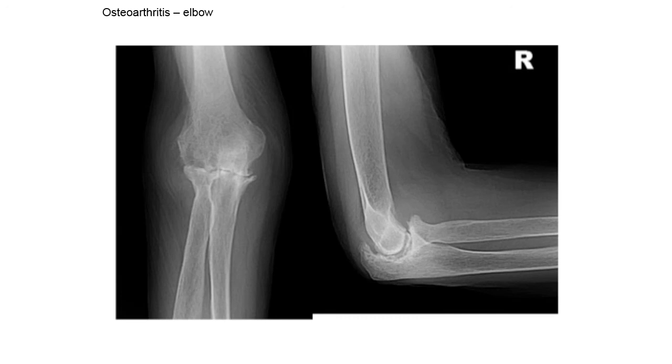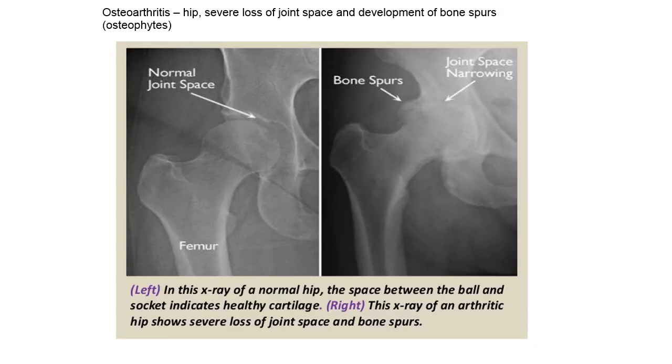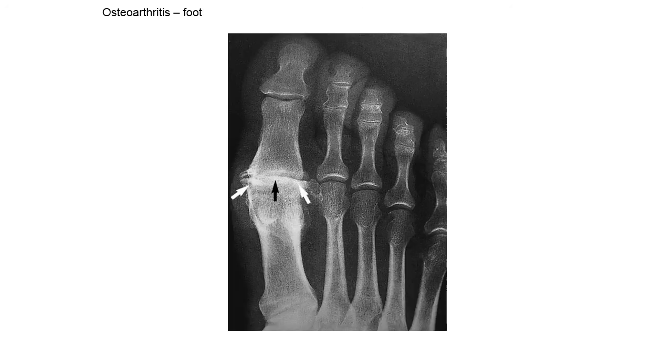Next slide. Here's osteoarthritis in the acetabular femoral joint. The left side is normal, and the right side is narrowed spacing inside the acetabulum. Next slide.